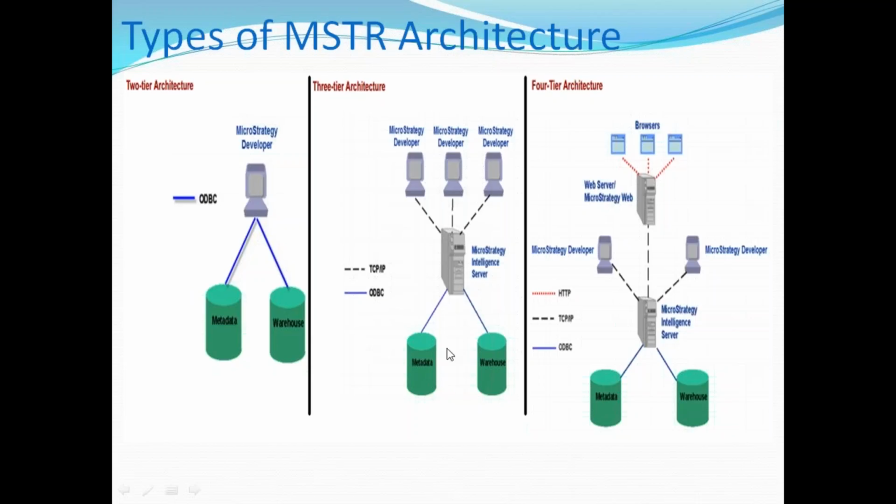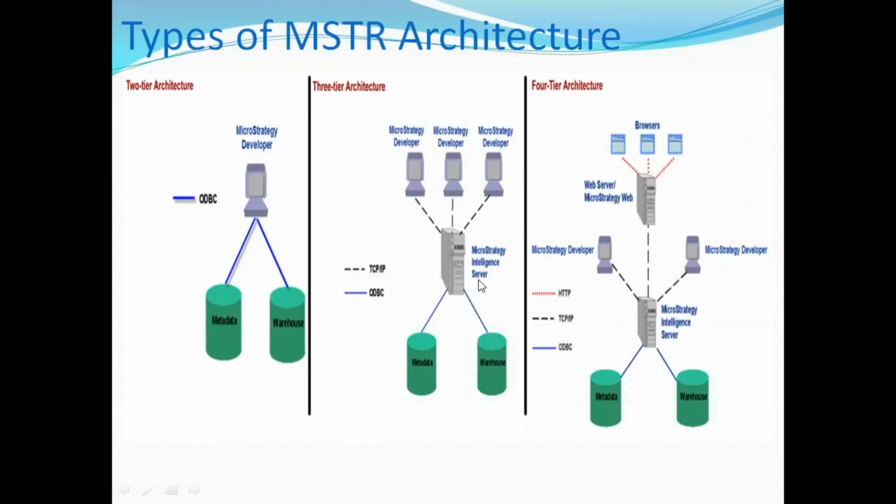Now compared to the two-tier architecture, in this architecture you have metadata, warehouse, and instead of one developer interface you can see developer interfaces. You also have one additional component in between, called MicroStrategy iServer, or Intelligent Server.